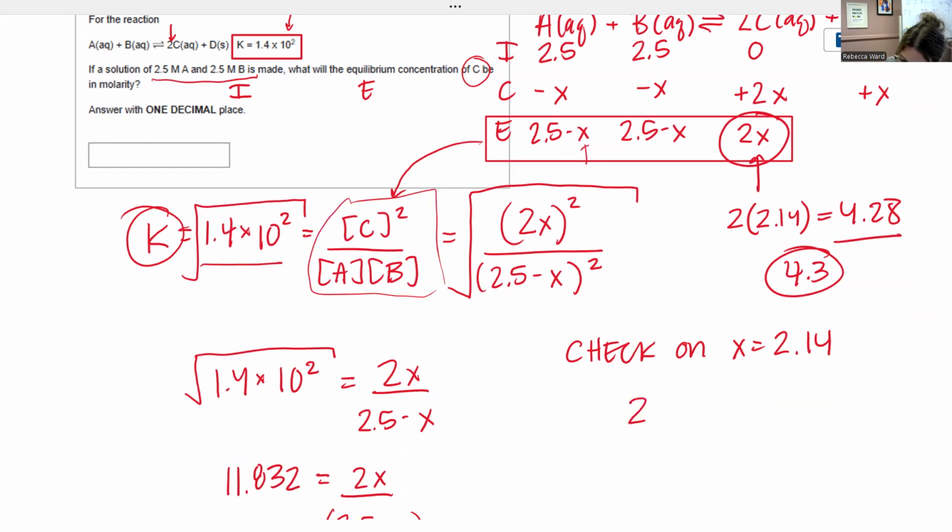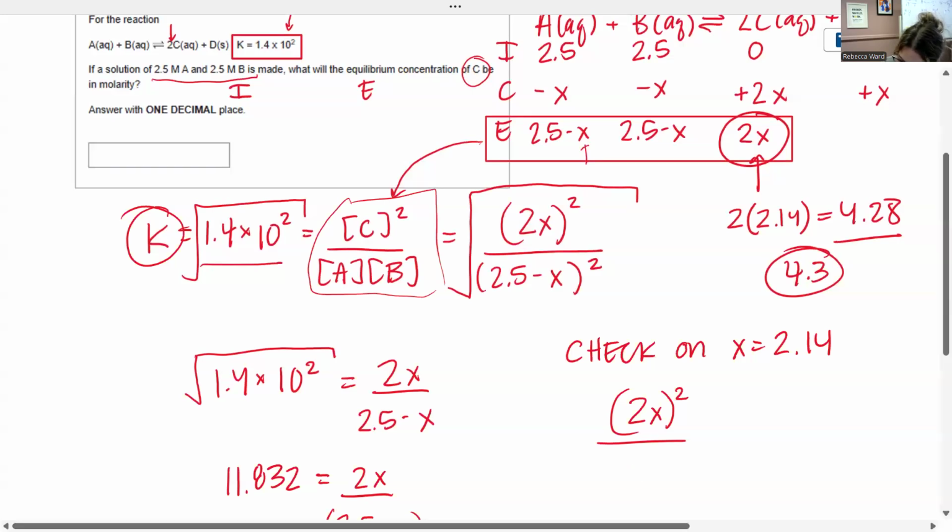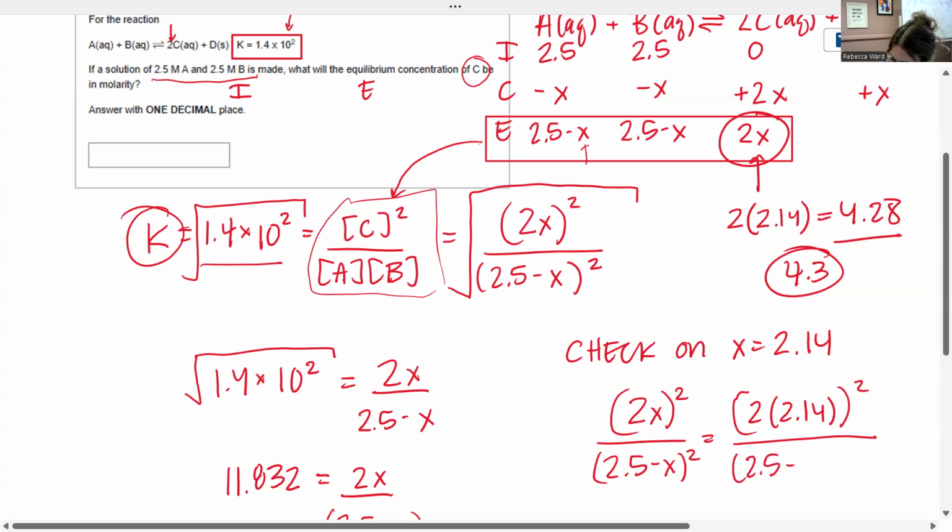So I'm going to have 2x squared divided by 2.5 minus x squared. Let's do that really quickly. I'm going to have 2 times 2.14 squared divided by 2.5 minus 2.14 squared.